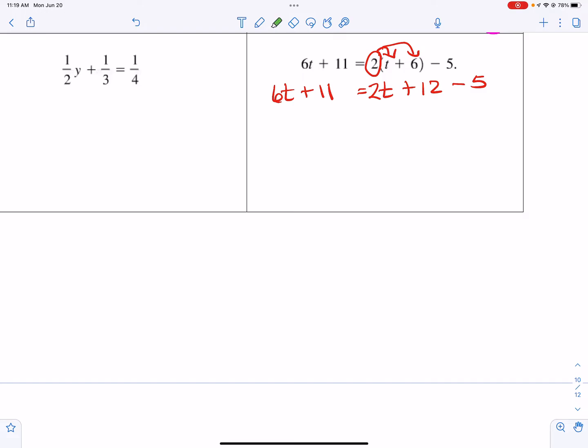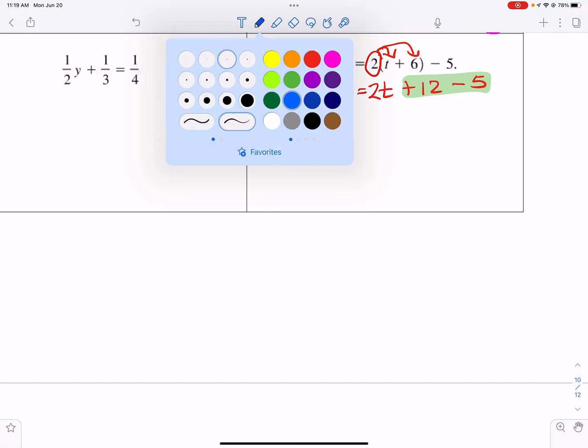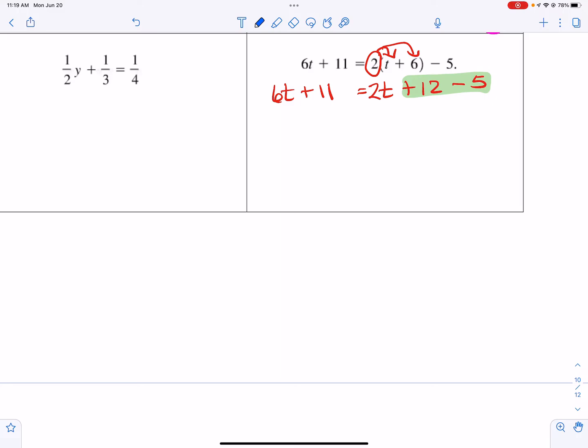So if you highlight this right here, these terms are on the same side. And if they're on the same side, they are meant to be simplified. So you're going to have to actually take 12 minus 5 and replace that with 7. And then I have the 6t plus 11.